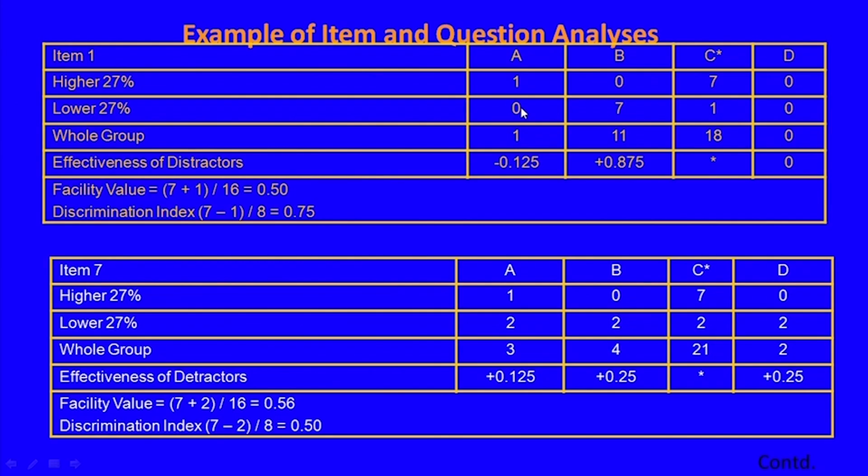So, 0 minus 1 divided by 8 students is the effectiveness of distractor, and it becomes minus 0.125. That minus says that it's a distractor which has been chosen by the upper group, but not by the lower group.